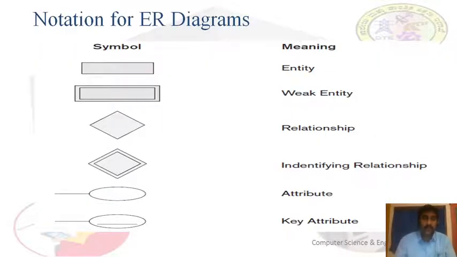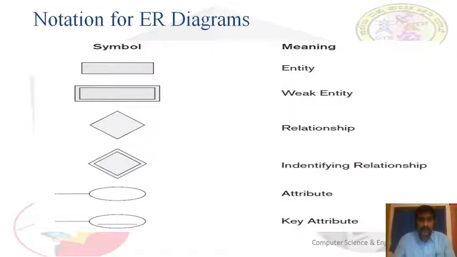And here we have some notation for the ER diagram. What we have discussed in the ER employee database, the same symbols we have specified here. A rectangle denotes the entity, and a double rectangle denotes the weak entity.